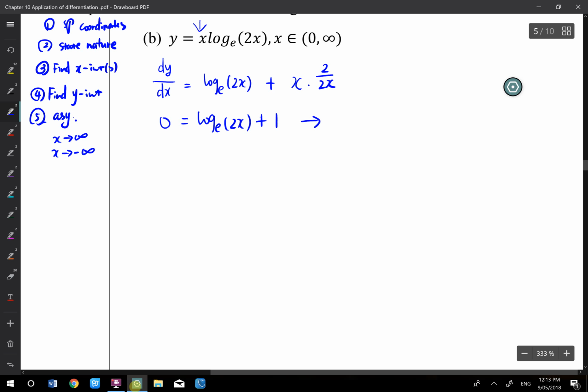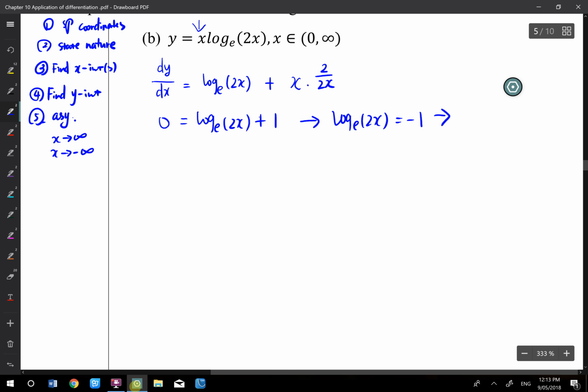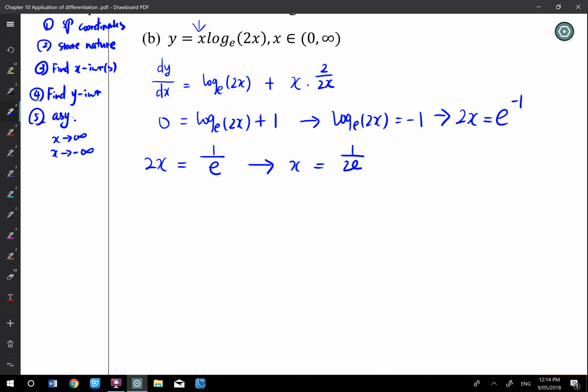That will give me log e to x equals -1, and that gives me 2x equals e to the power of -1. So 2x equals 1 over e, and x equals 1 over 2e. Okay, so that's the x value of the stationary point.